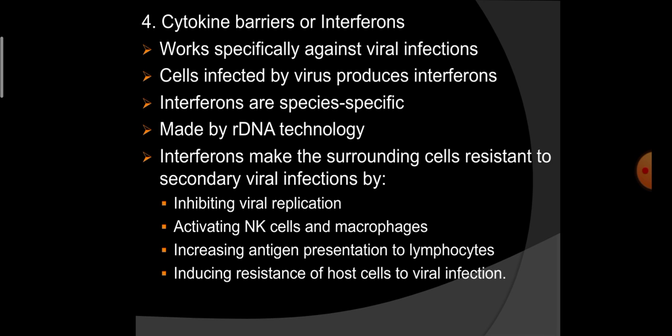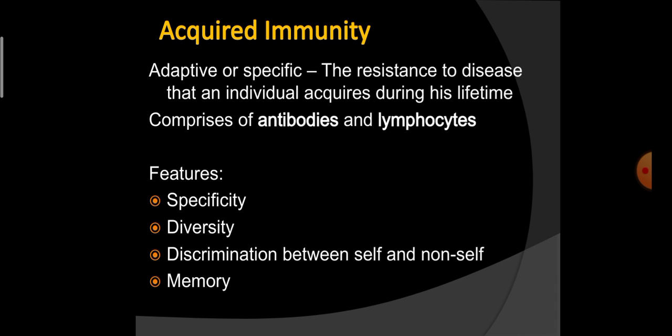This innate immunity, we have already seen the different barriers that are present in innate immunity. Now we'll move on to the acquired immunity. Acquired immunity, I told, is the resistance against a disease that a person acquires during his lifetime.